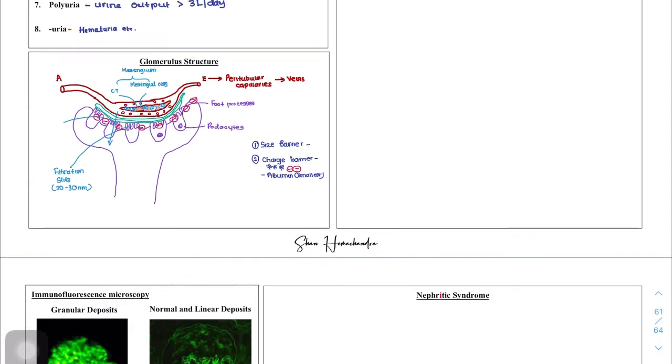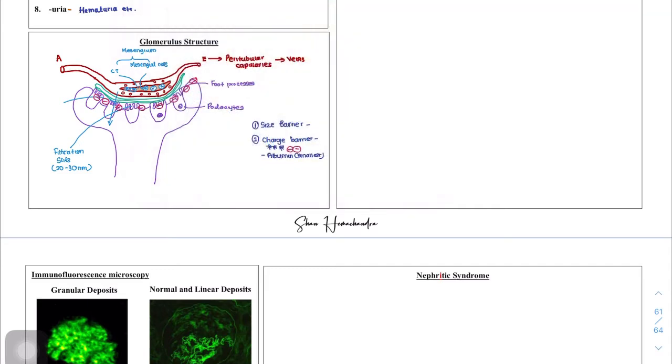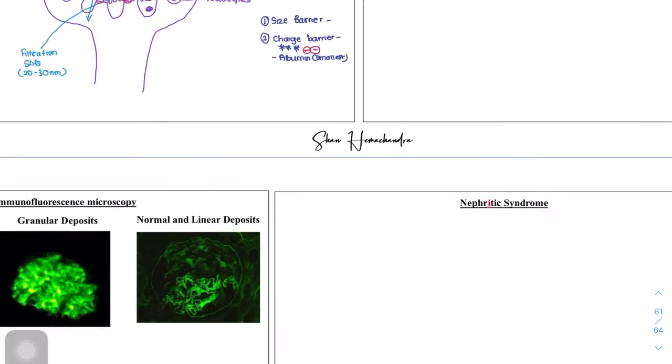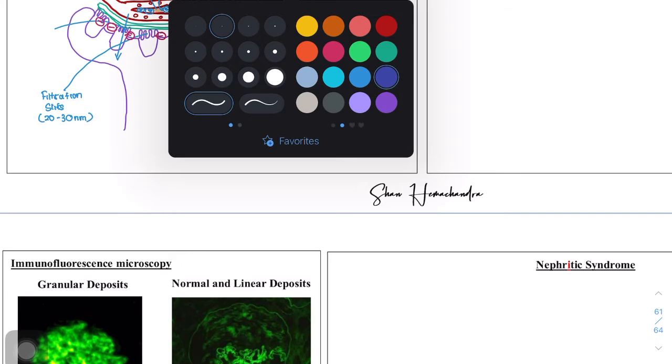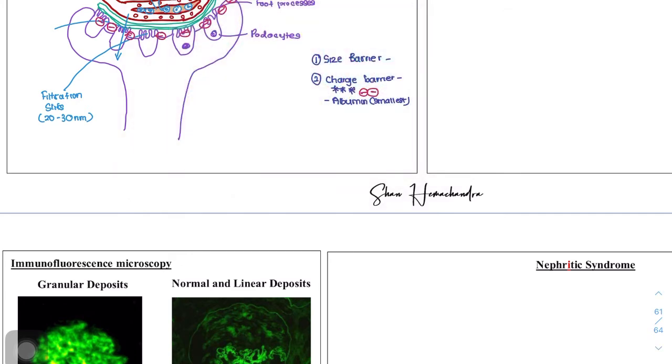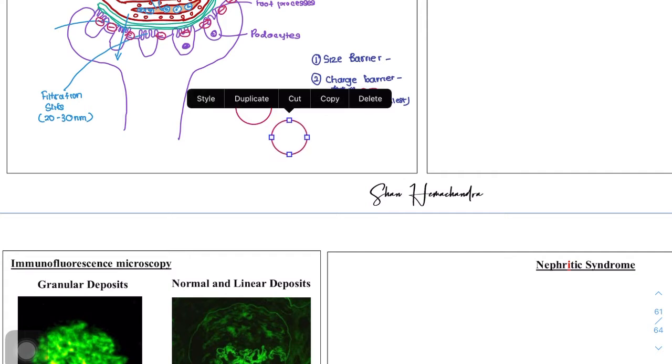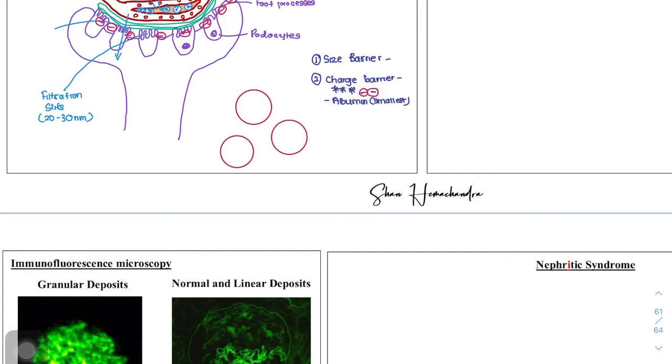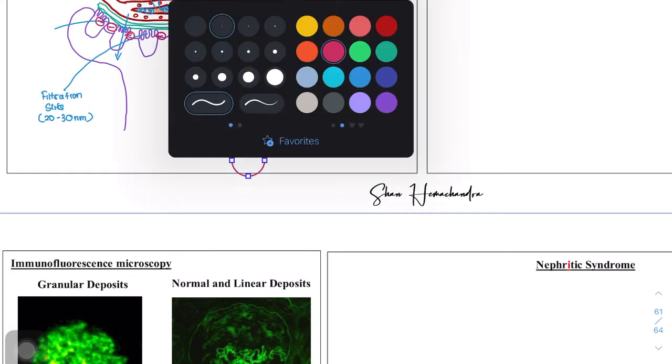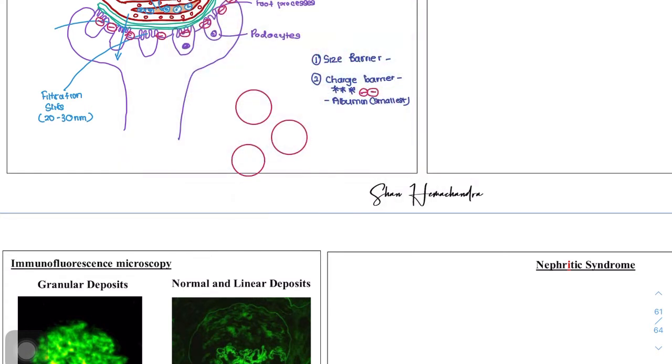Next, I will draw an overview, like from above, of how you see these structures. So we have the capillaries, and then we have the mesangium. These are mesangial cells. It's all in a groundwork of connective tissue.